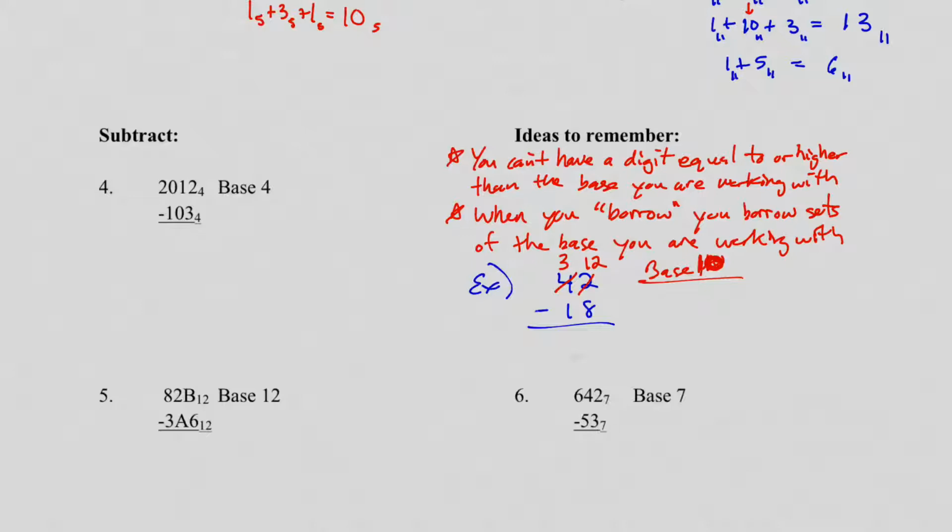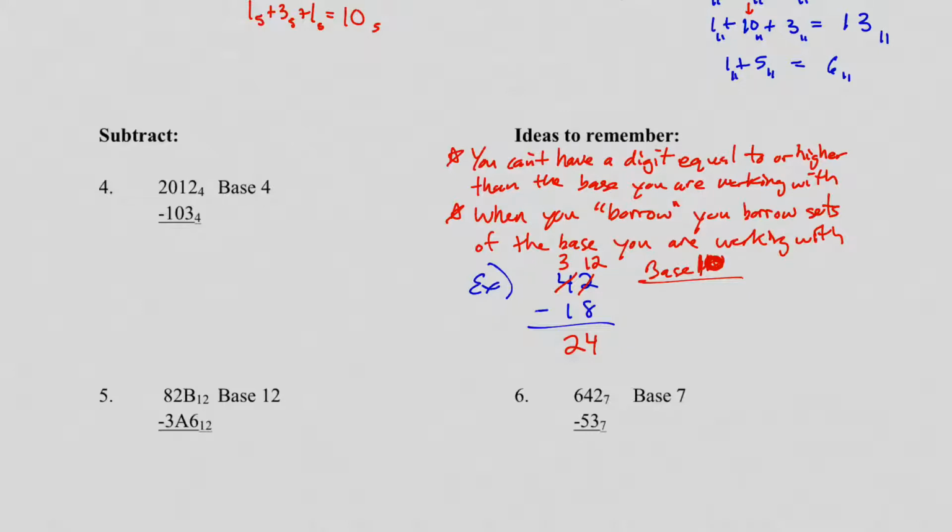Now you may have been taught, just put a 1 next to the 2, but that's not actually what's happening. Okay, that's what you physically see, but it's not the math that's going on. Okay, you borrow a set of 10 and you add it to the 2, which makes 10 plus 2 is 12. Okay, so 12 minus 8 now. 12 minus 8 is 4, and 3 minus 1 is 2.